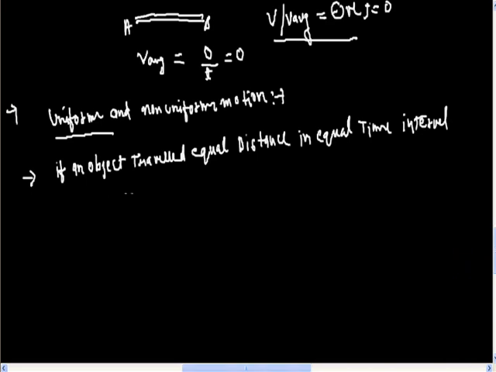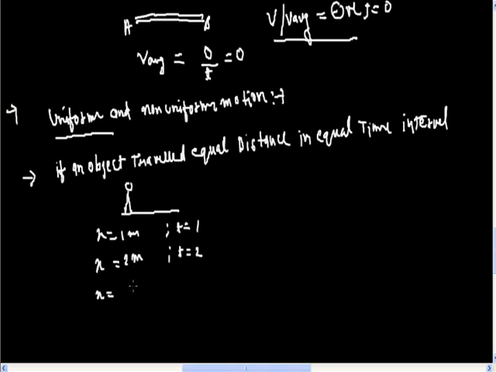Say an object starts moving, a person starts moving. It travels 1 meter in a time of 1 second. It again moves and goes to 2 meters and takes 2 seconds.